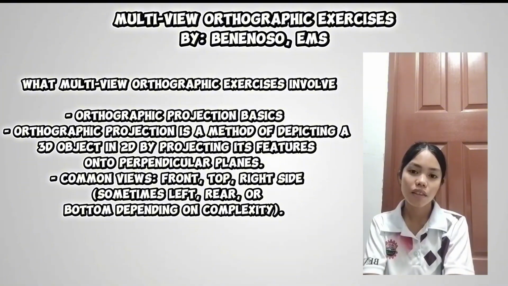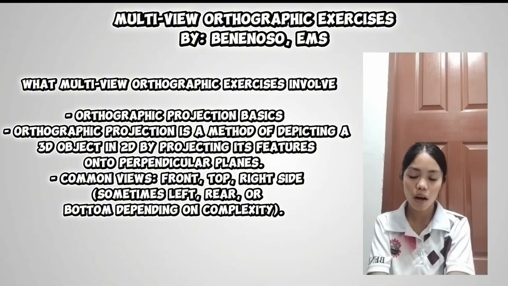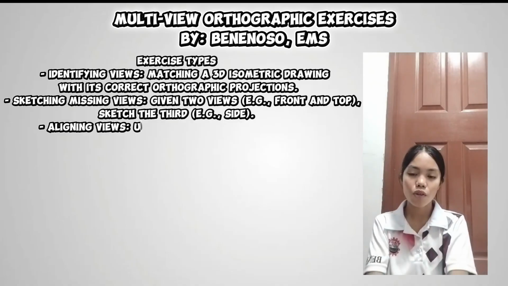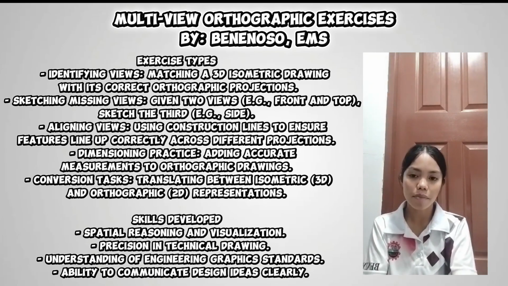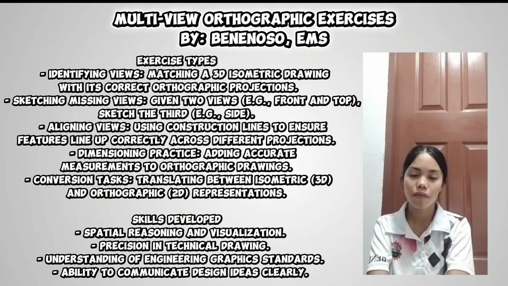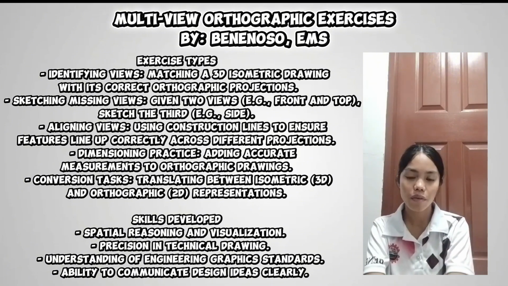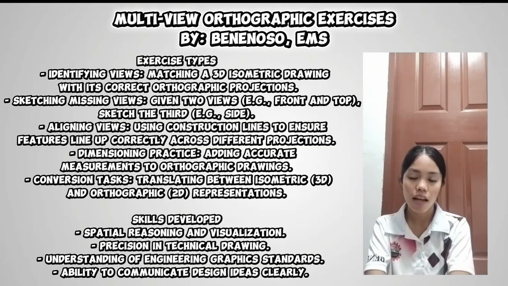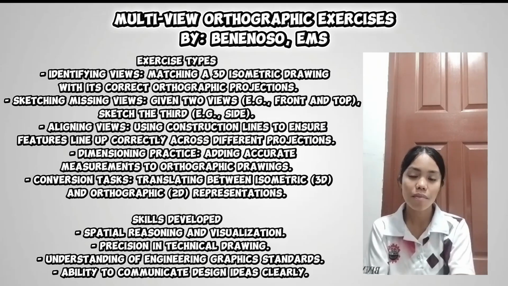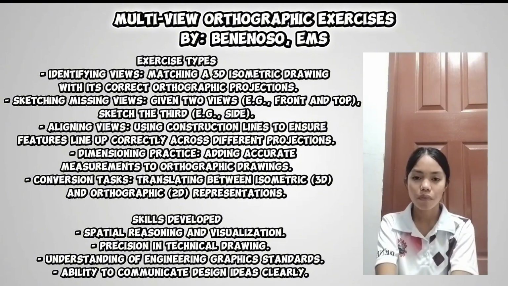Sometimes left, rear, and bottom, depending on the complexity of the object that you're going to do. So there are exercise types. First is identify views. Matching a 3D isometric drawing with its correct orthographic projection. Second, sketching missing views.